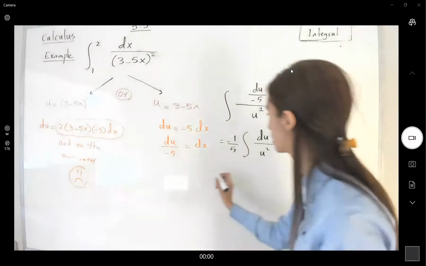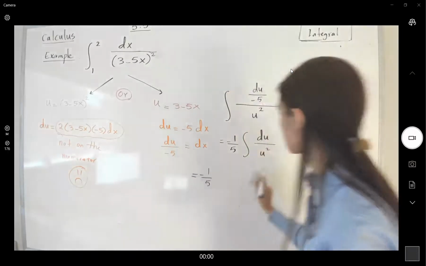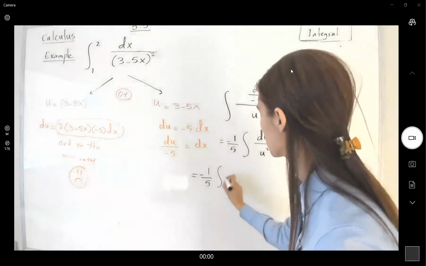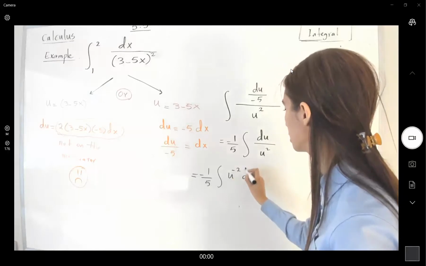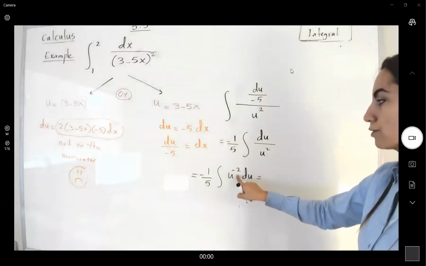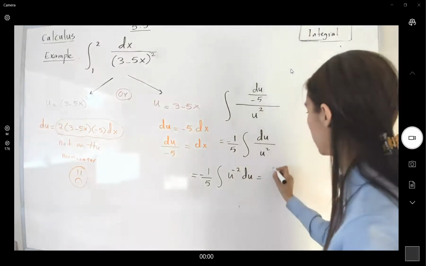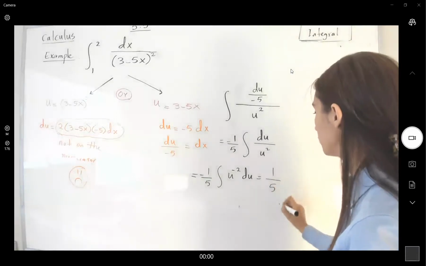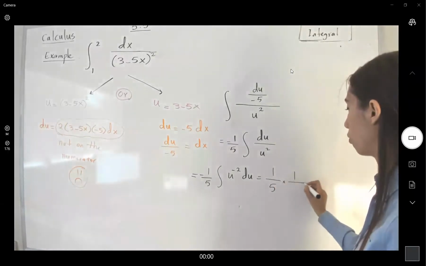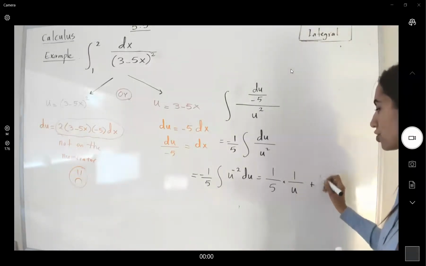So take a look at this. Here you have negative 1 over 5, and this guy can be written as u to negative 2 du, which is equal to, this guy is negative 2, so I'm going to add 1. I get negative 1. So I have 1 over 5 times 1 over u plus constant of integration.